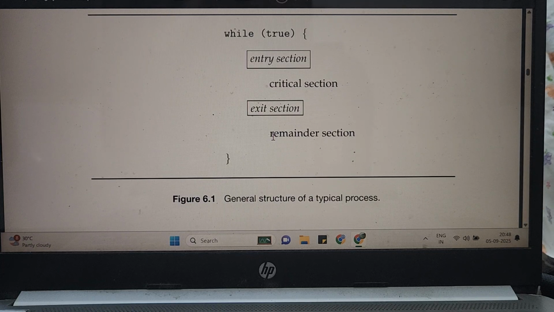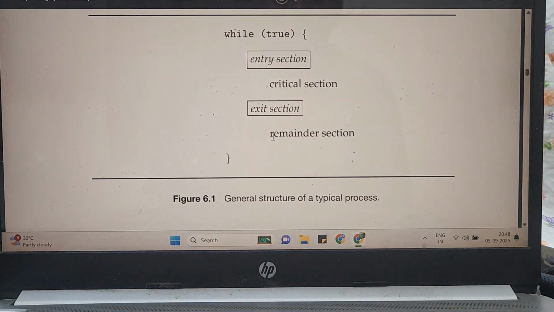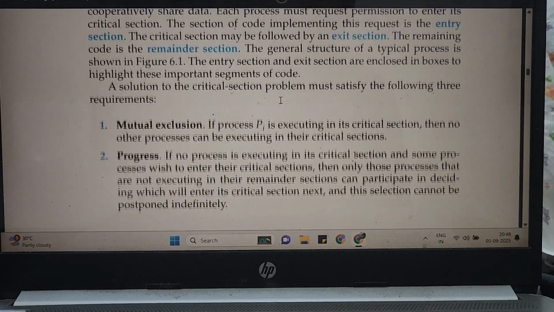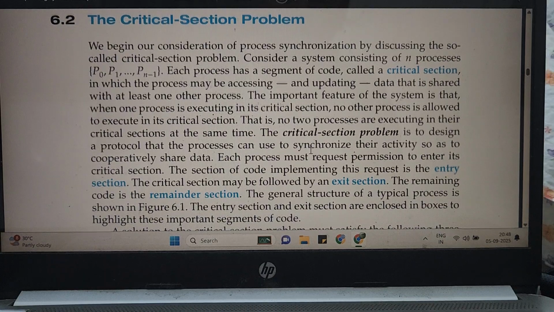If you remember your increment decrement example from the previous, whether you do 1 followed by 2 or 2 followed by 1, because it becomes a serial thing, your final answer is going to be 5 in both cases. That is what we want to ensure here, by making sure that the critical section of at most one process is executed at a time. How do you ensure this? This is what we call the critical section problem.